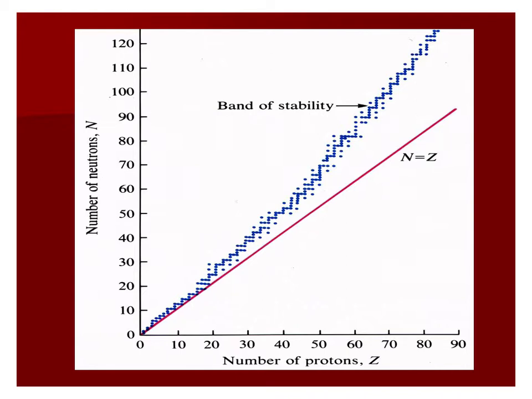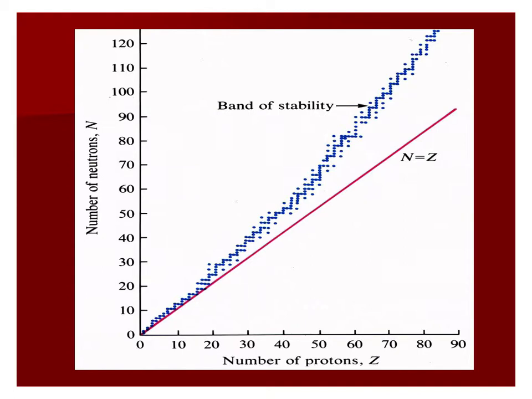Now, the early elements on the periodic table, up to about calcium, which has an atomic number of 20, are fairly strict about following the N equals Z rule, where you have 1 proton for every 1 neutron in the nucleus.